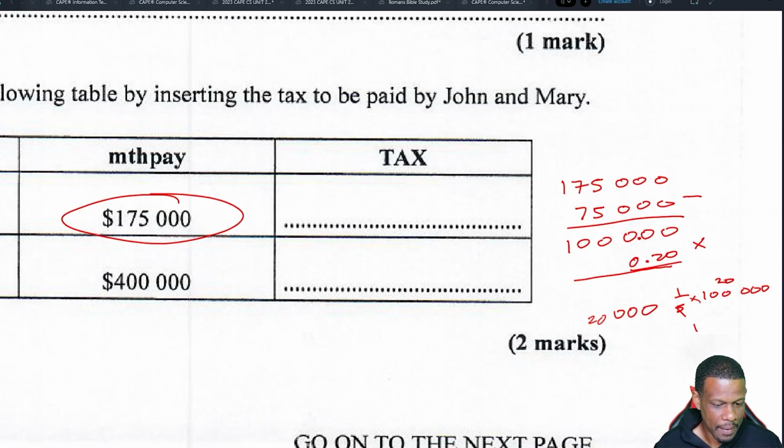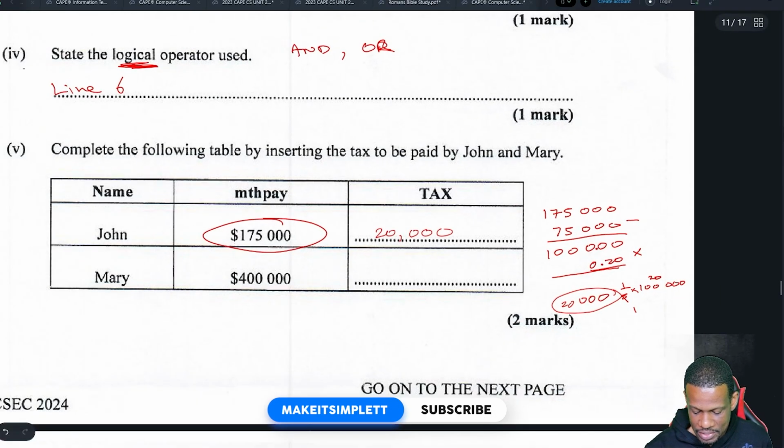I am currently not opening up a calculator. 100,000 multiplied by 0.2 is 20,000. Okay, I am correct, right?